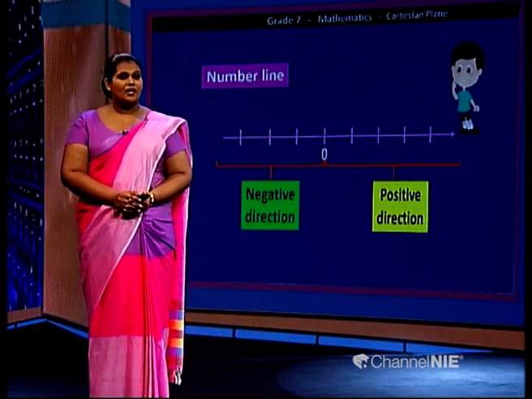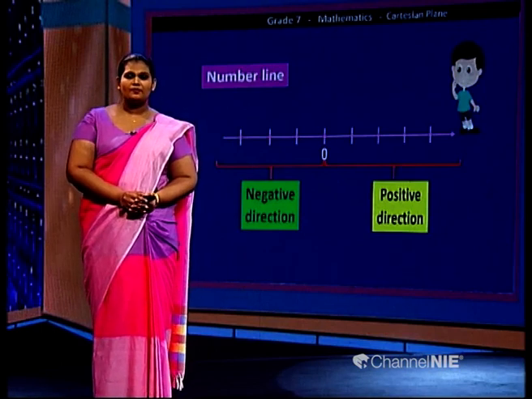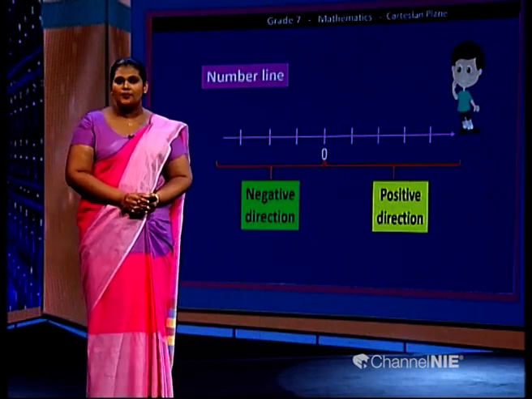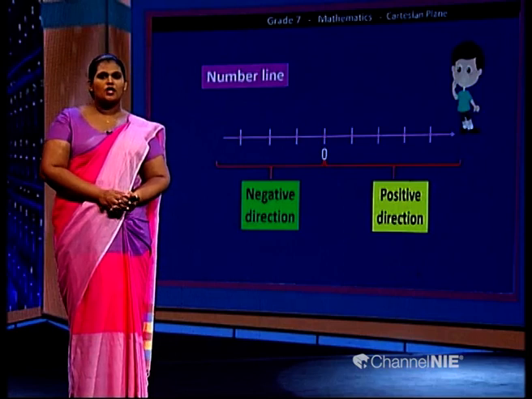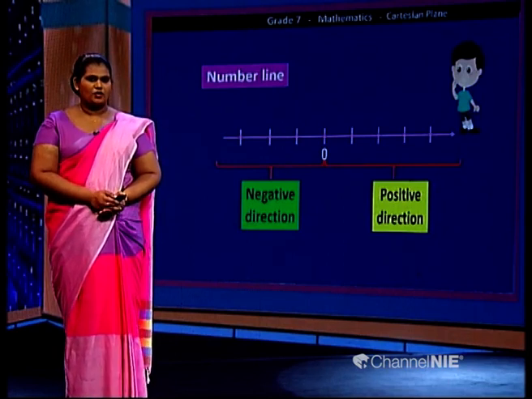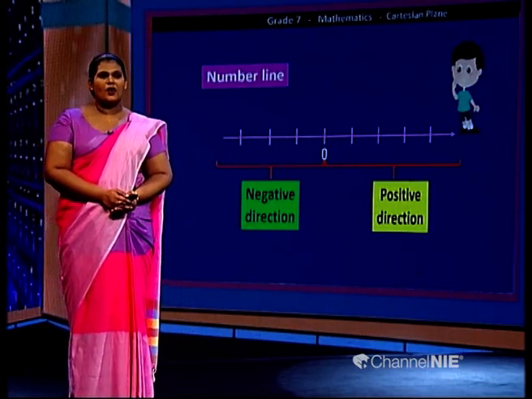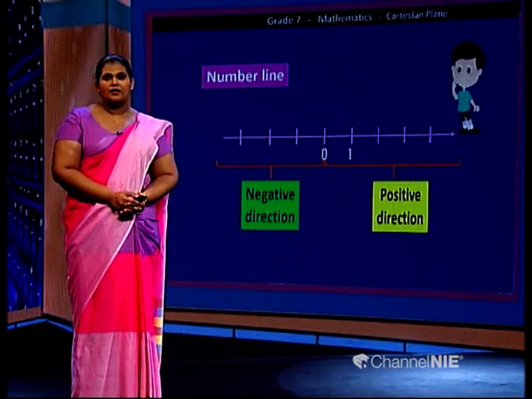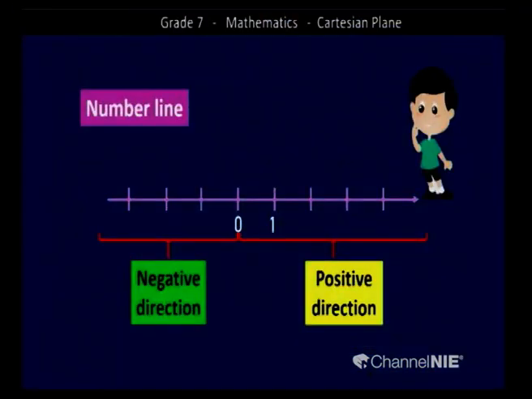There, after 0, you have to add 1 point to 0 to get the next value. So, 0 plus 1, that is 1. Then once again you have to add another unit to 1 to get the next number.